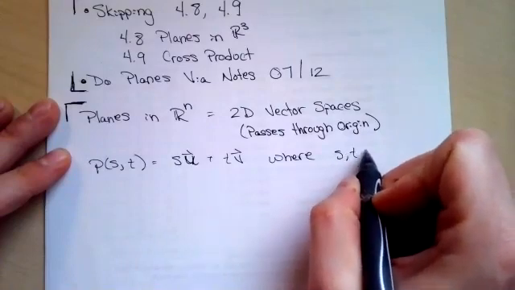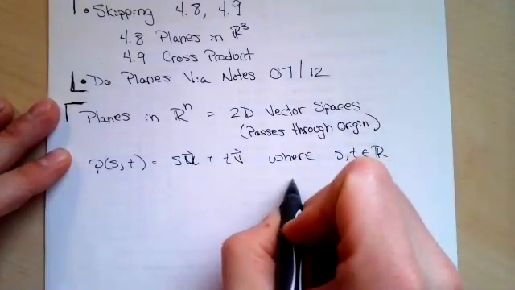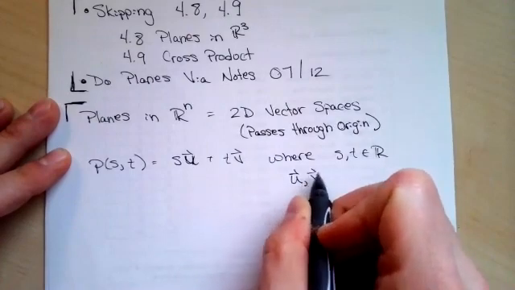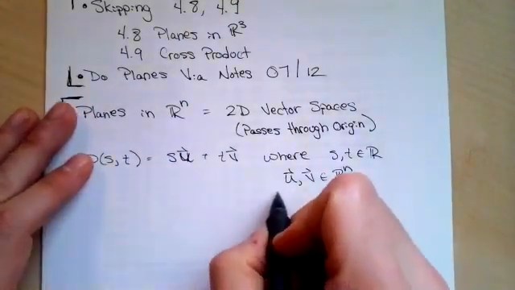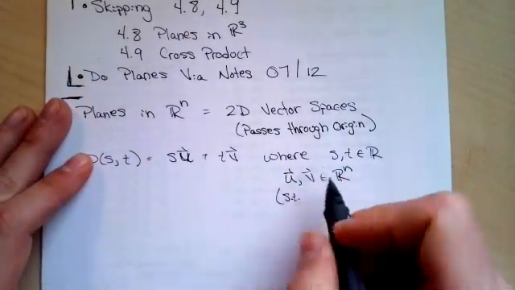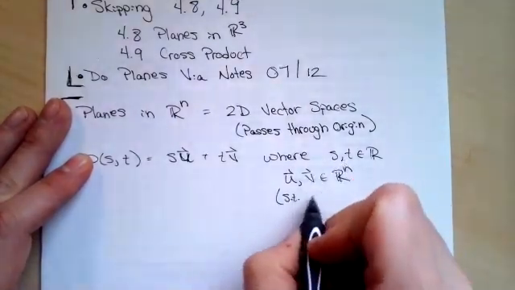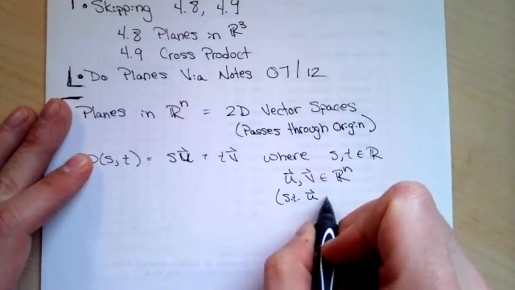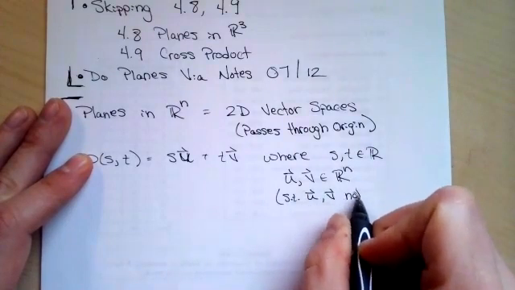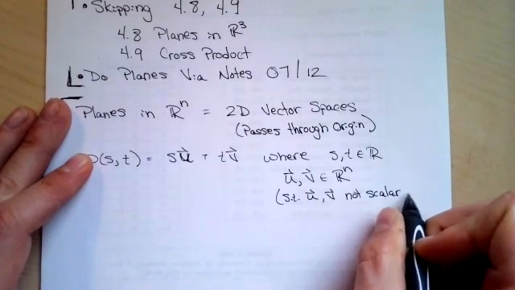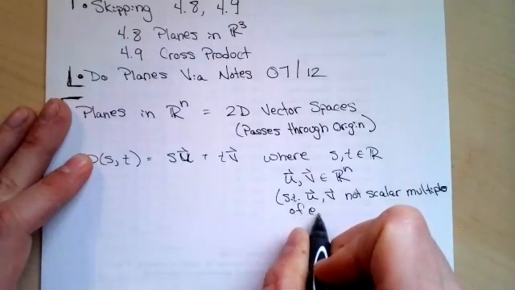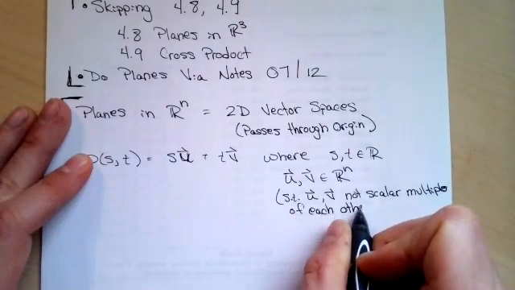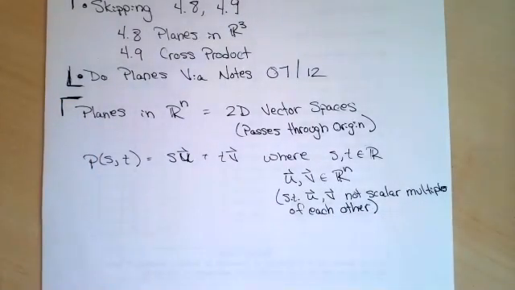Here S and T are scalars, and U and V can be arbitrary vectors in whatever dimension we want. The only caveat is that U and V are not scalar multiples of each other, so they are different directions.